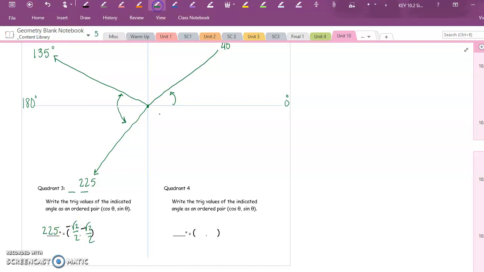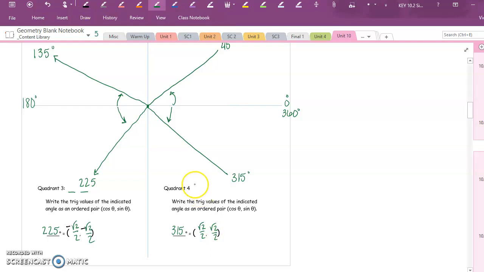In quadrant 4, I'm going to take 360 degrees, subtract 45 degrees, and we're at 315. So we have our reference angle of 45 degrees. So I know that my ordered pair is root 2 over 2, comma, root 2 over 2.